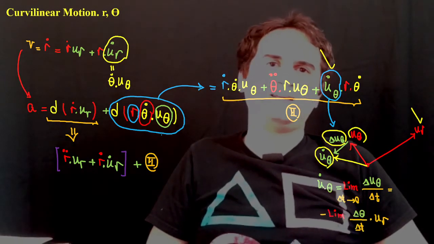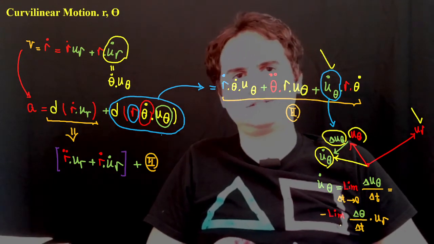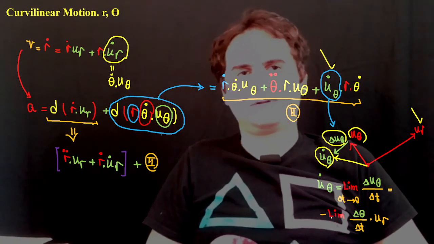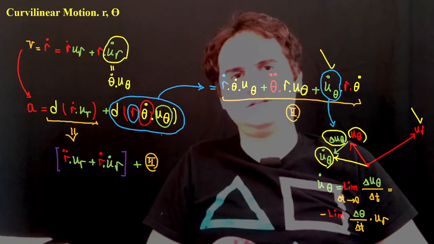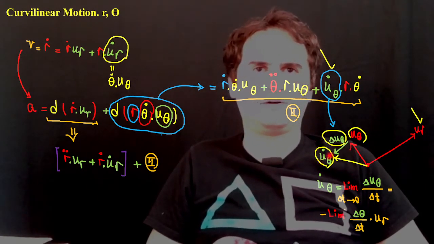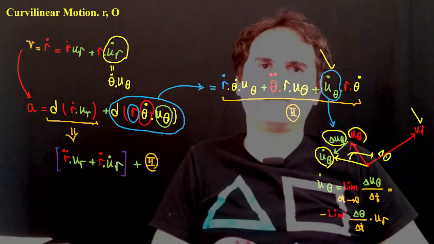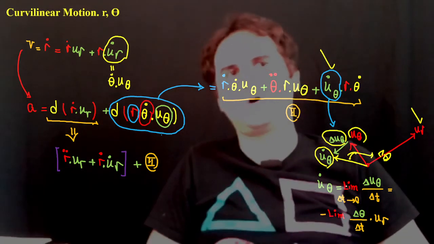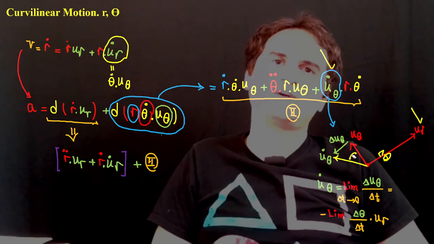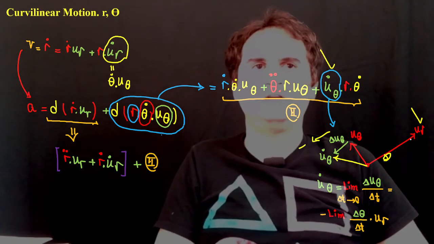And we can easily see u dot theta is the limit of delta u theta over delta t. And that's a negative times delta theta over delta t. That's our delta theta over the time span. This is our delta theta over delta t times u r. How is that? You can easily see the direction of this vector is in negative u r.